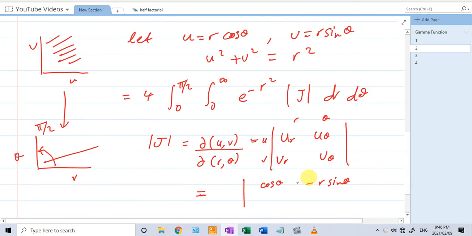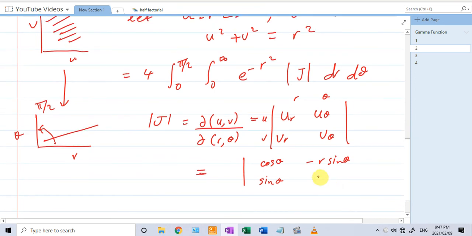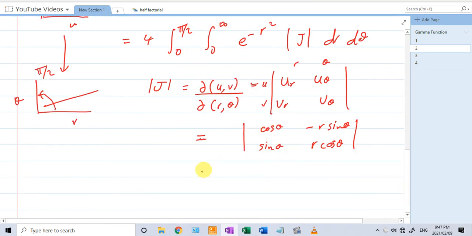Then differentiating v with respect to r gives me sine theta, and differentiating v with respect to theta gives me r cos theta. Now finding the determinant of this will give me r cos squared theta plus r sine squared theta, which is just equal to r.